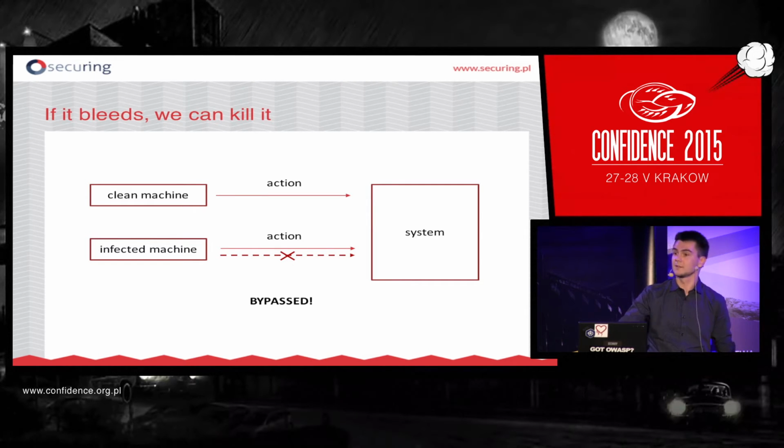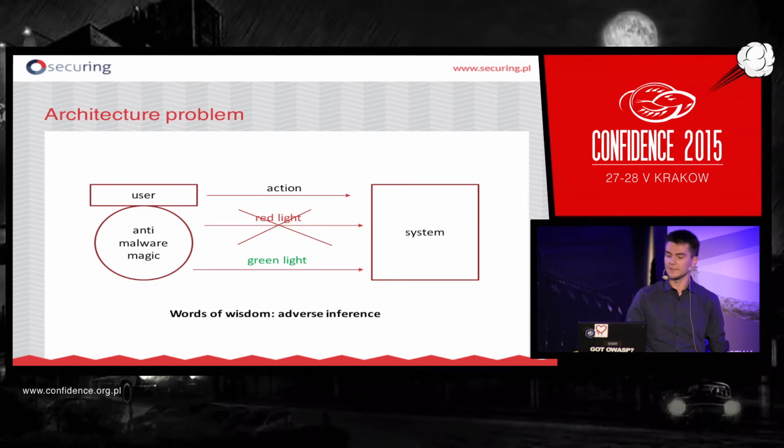And it's bypassed. For example, for Zeus family malware, disabling this additional HTTP request is just like one line of code. And it shows us a bigger architecture problem. Because on the business level, this solution works by sending a red light.